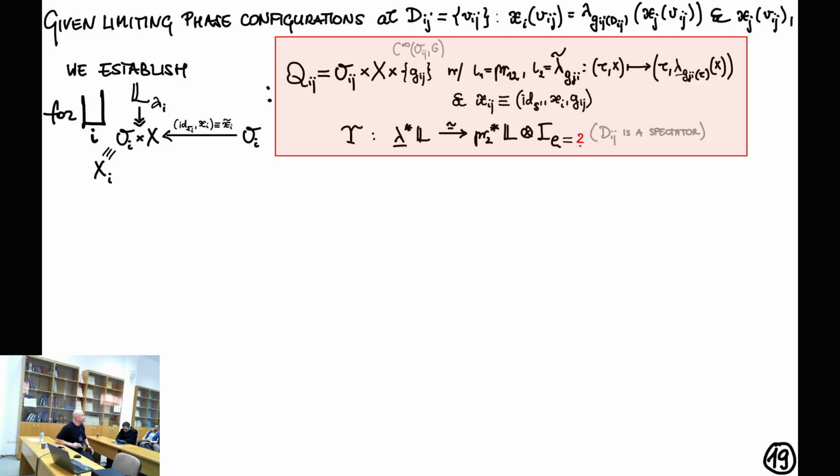But now the question is, I told you that I have this one degree of freedom, which is like correcting the bundle on the right by a one form, a global one form on the correspondence space. Am I at ease to choose it? Should I choose it somehow, or is it fixed?